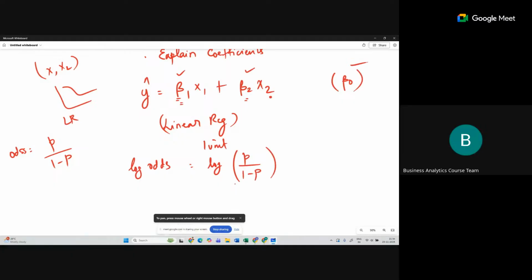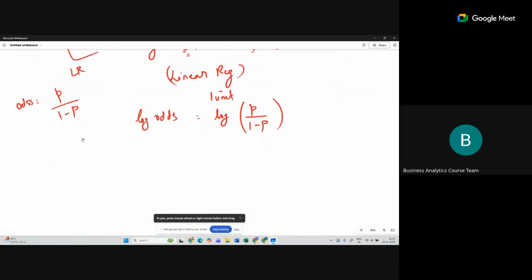So how do you interpret this? Let's talk about x1. For a unit increase in x1, your log of odds, log of p by 1 minus p, will increase by beta 1, assuming x2 to be constant. And if you don't want things to be in log, what do you do? You take exponentiation, e power. When you take e power, the log goes away, and it becomes p by 1 minus p.